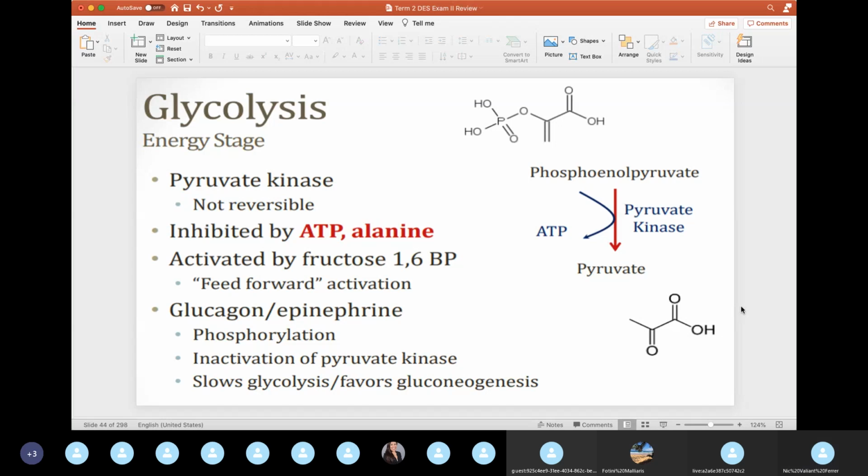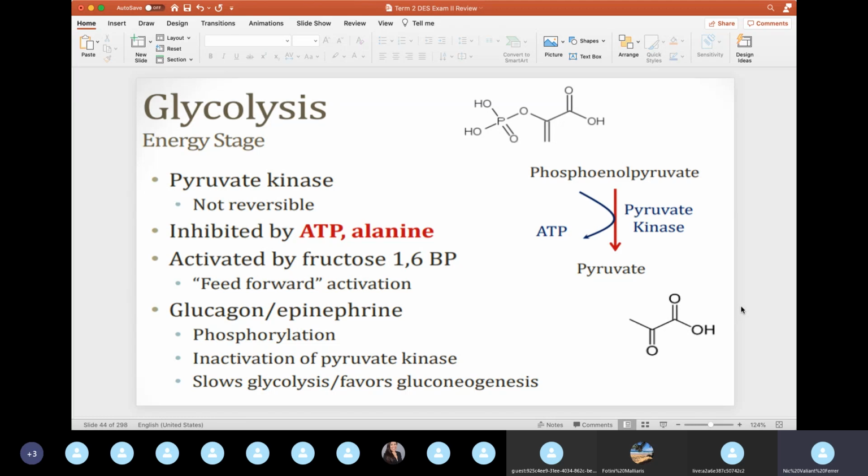Don't forget that when you're in a fed state, increase in insulin, you have a decrease in cyclic AMP, you have a decrease in protein kinase A, therefore you have an increase in PFK2, which increases your phosphofructokinase 1, which increases the conversion of your fructose 6-phosphate to fructose 1,6-bisphosphate. That's high yield. Let me repeat that again.